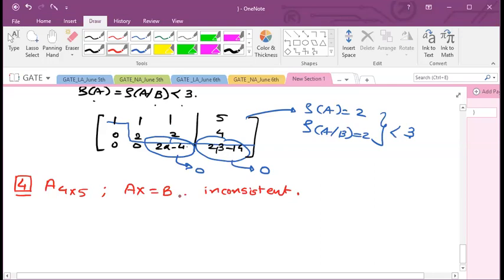Then the highest possible rank of A is, okay, highest possible rank of A. So this is your 1 mark question, a previous year question definitely.